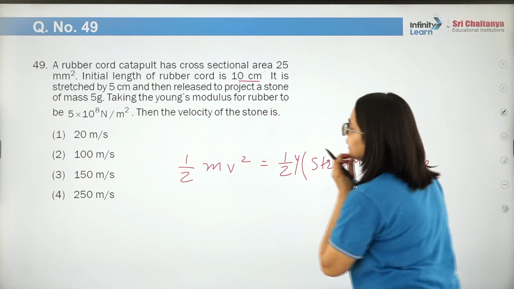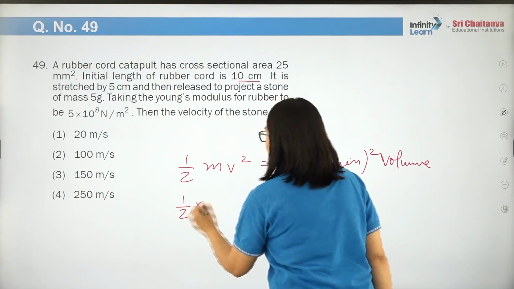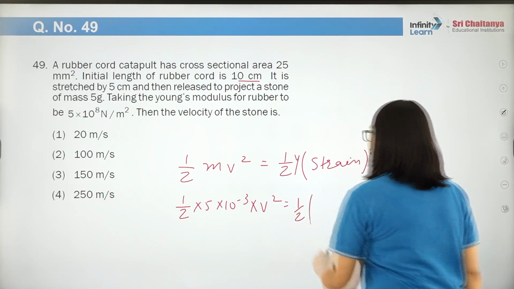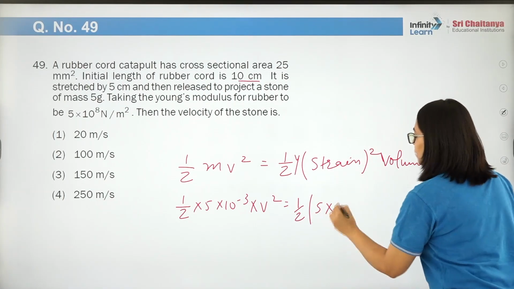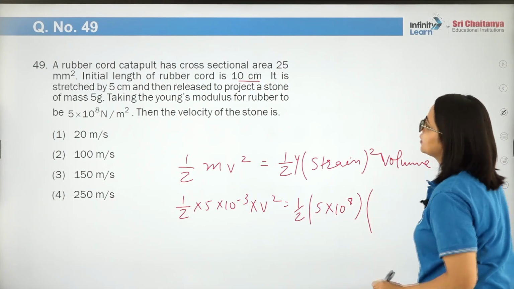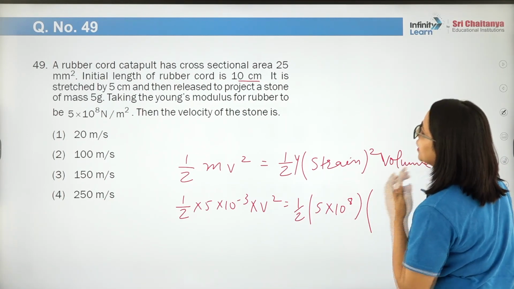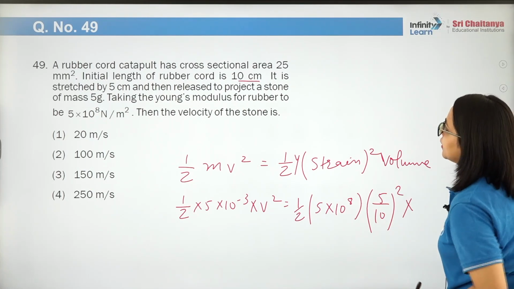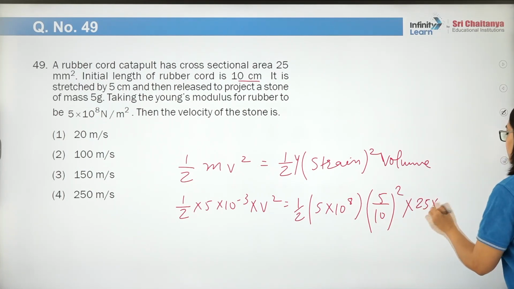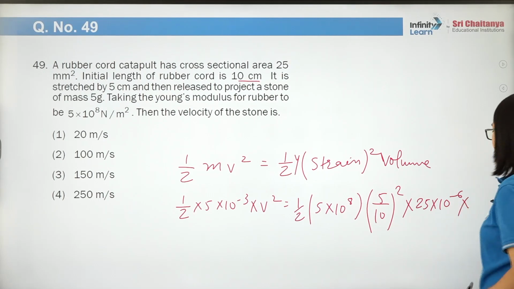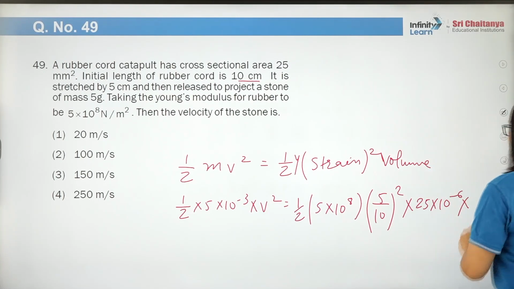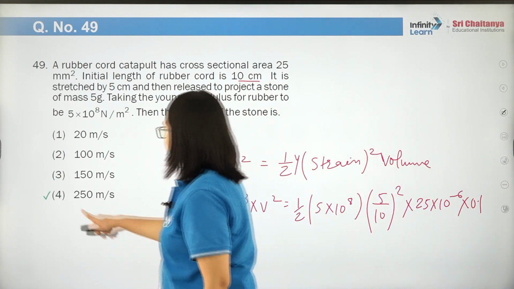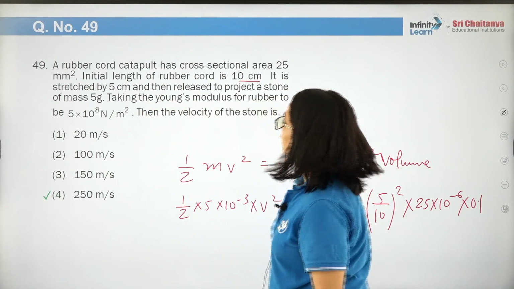So half m is 5 into 10 power minus 3 into v square, equal to half, Young's modulus 5 into 10 power 8 into strain square, that is (delta L upon L) which is (5 upon 10) whole square, into volume. Area of cross section is 25 millimeter square, so this is 25 into 10 power minus 6 into length, 10 centimeter, which is 0.1. After solving this, you will get the value of velocity as 250 meter per second.